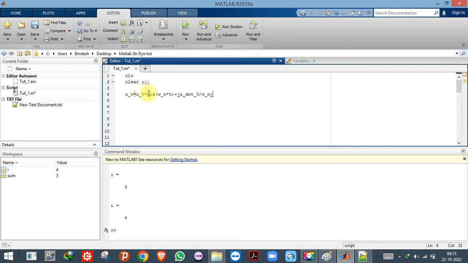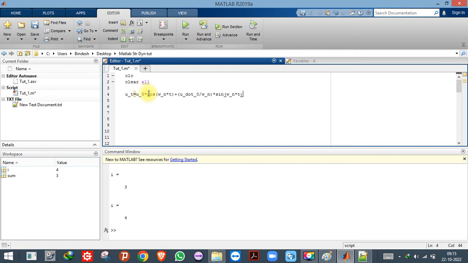Make sure that when I'm writing everything, you should not mix up capital letters and small letters. Omega n, and then star sine, sine omega n star t.